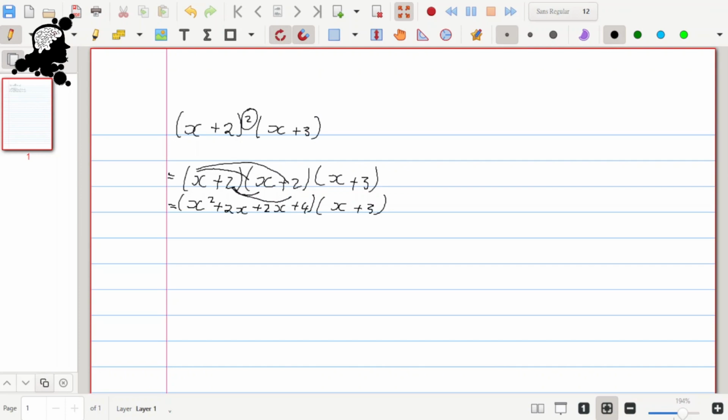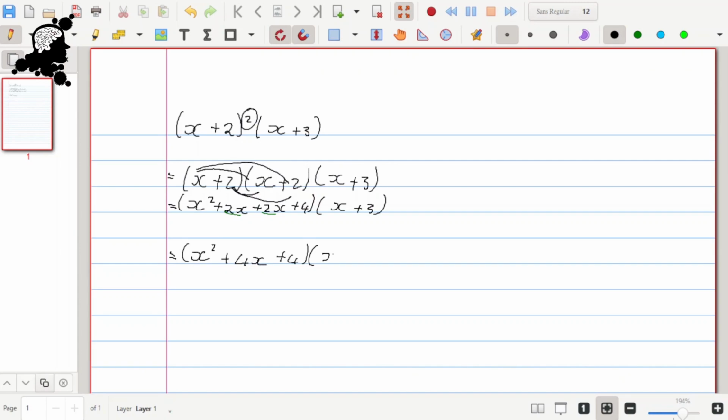I've got like terms in my expression, positive 2x and positive 2x. When I add these two, I am going to get x squared plus 2x plus 2x, this is going to give me 4x plus 4.